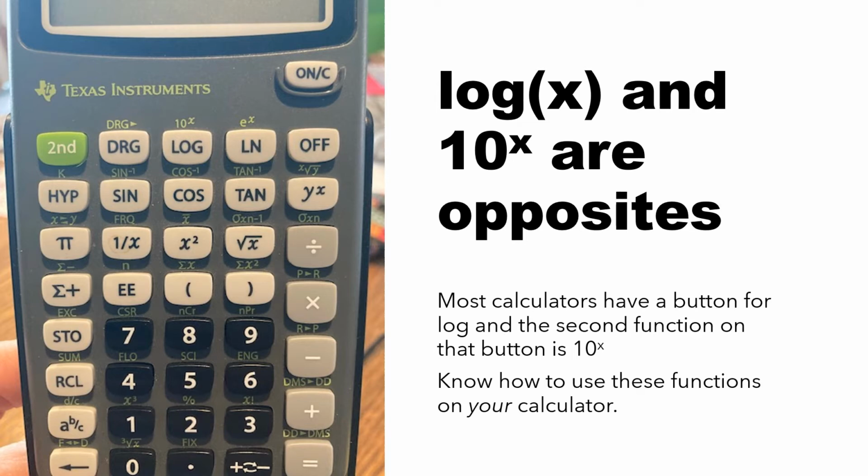So on this particular calculator, which is one of my favorites, it is right here. Right, so right here, this is where we have log and 10 to the x. The second part of this presentation is going to be about natural logs, and that's the key right next door. The natural log and the e to the x are opposite functions.